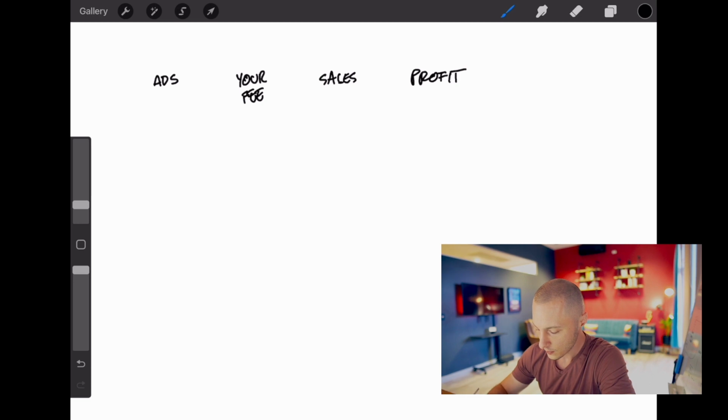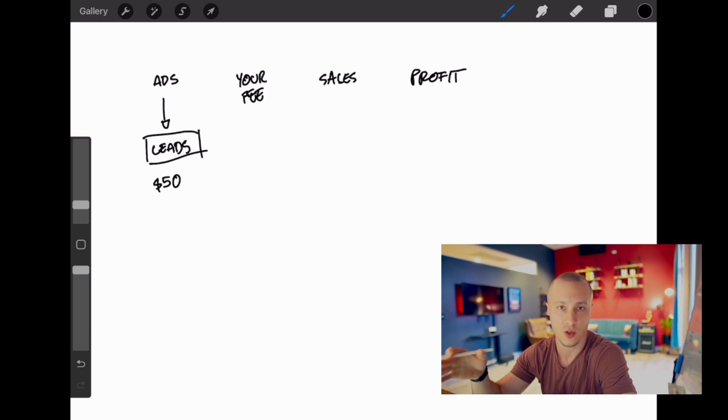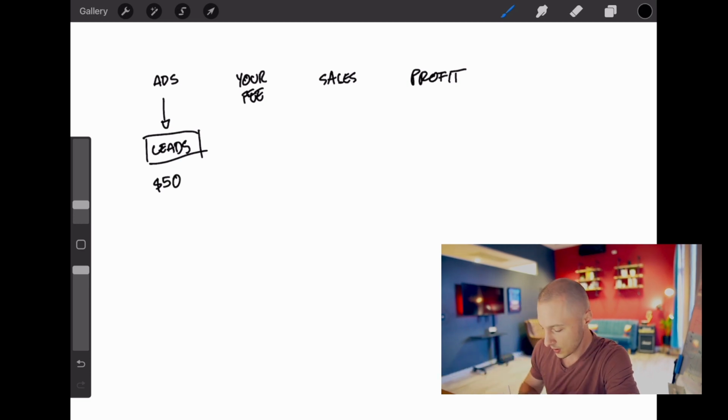So let's say we're running ads in order to get leads, right? Which is going to be a name, an email, a phone number for a business. Now the question is, how much are those leads going to cost, right? So like if you're getting leads for $50, let's just say, then basically you need to be working with a business that is charging a high price point, because not every lead is going to result in a sale.